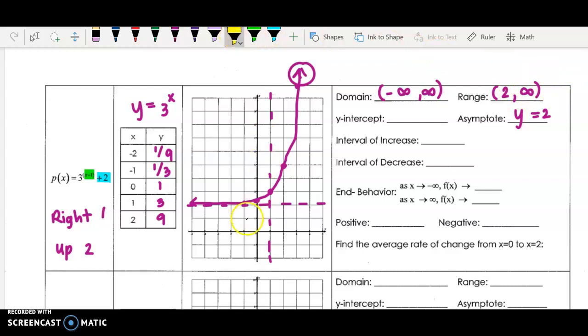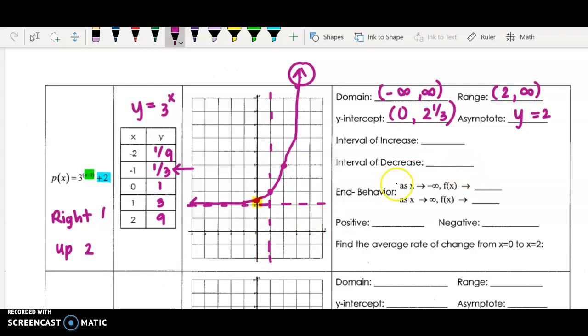The y-intercept of the function is just slightly above the asymptote, and so that's going to be at 0, 2 and 1/3. Because we went up 2, and then this was our 1/3 point from the center of our graph.